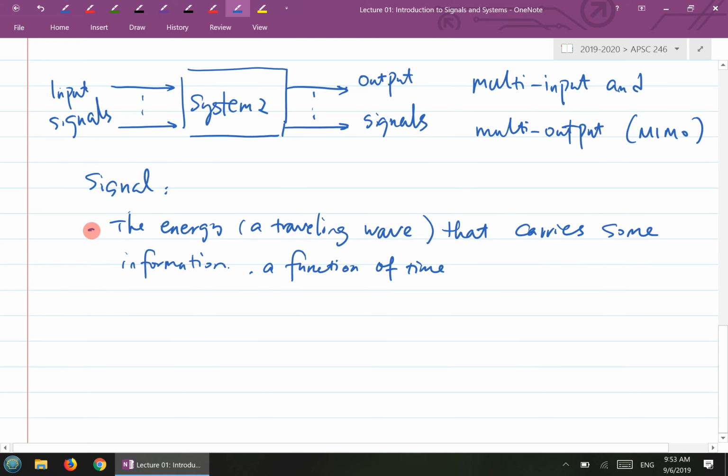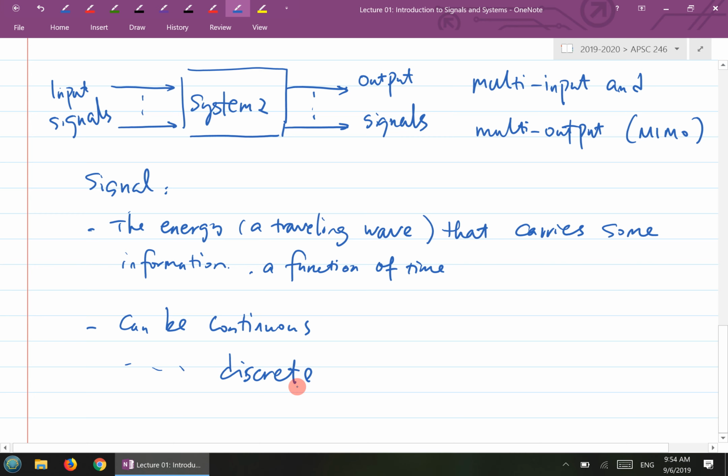And a signal can be continuous, and that's pretty much the case in reality. When I talk, when you hear, when you watch, everything that you sense is continuous. But it can also be discrete, and this is the nature of today.